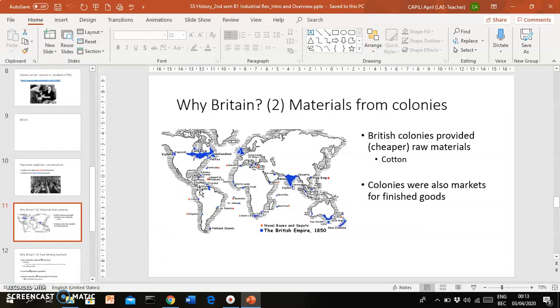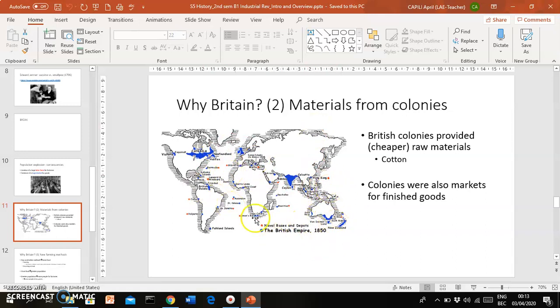Secondly, Britain at this time was already a naval power, and on top of that, a colonial power. So Britain had the advantage of being able to extract raw materials from its colonies all around the world.